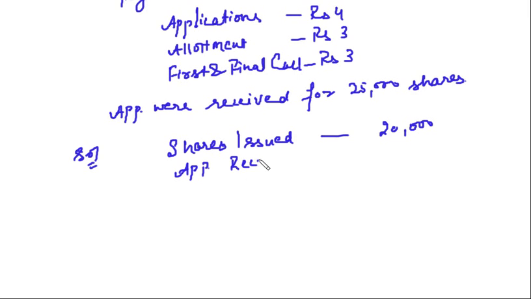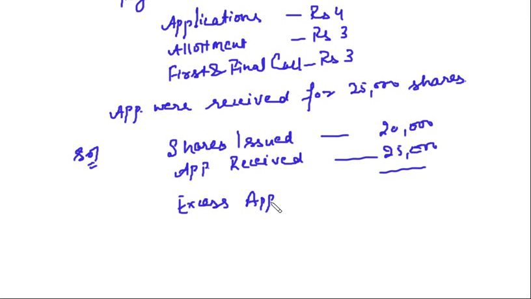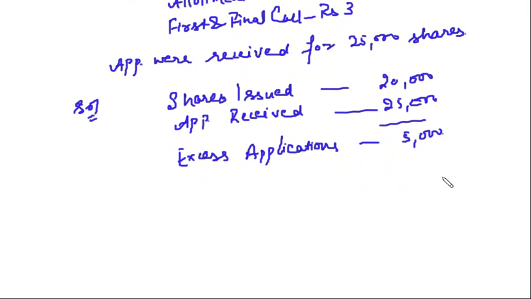Applications received 25,000. Excess applications are 5,000. Clear? Now on these excess applications, you must have received the application money also, that is rupees 4.